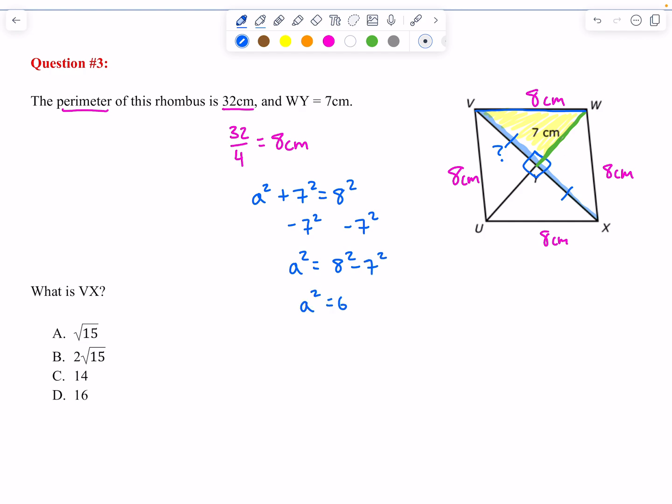So a squared will equal 64 minus 49, and then that gives us 15. So then a, or that half of the diagonal that we're looking for right there, would be the square root of 15. But then we got to put together 2 of those. So that is why the answer is B. 2 square root 15 is going to equal the whole diagonal VX.